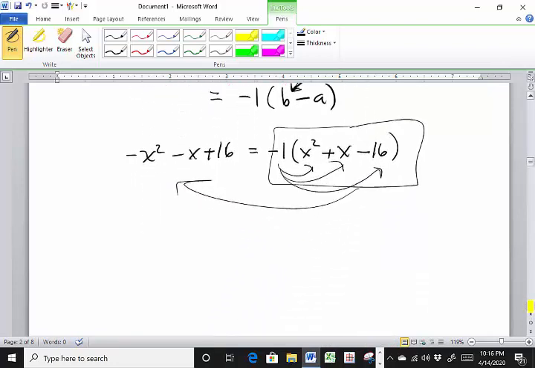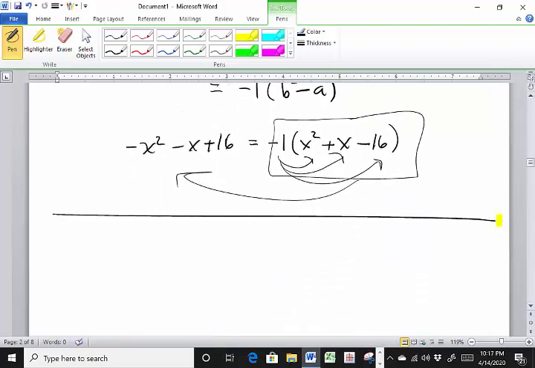Okay. Now the next concept we will learn here, and which was in the title for this section, is going to be factoring by grouping. Okay? All right.